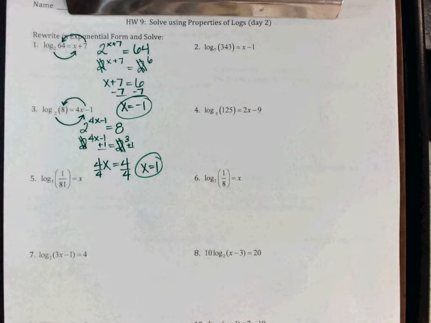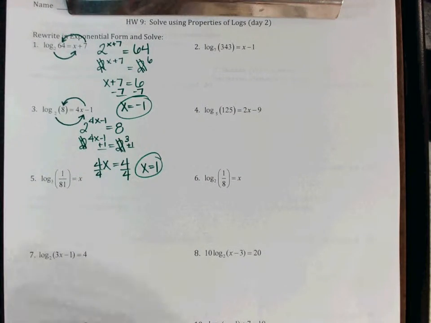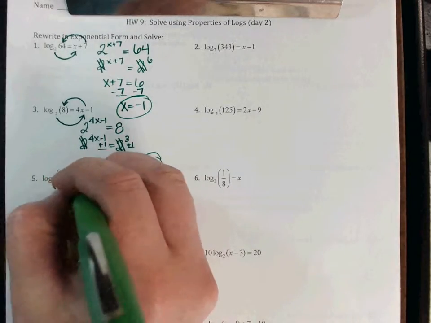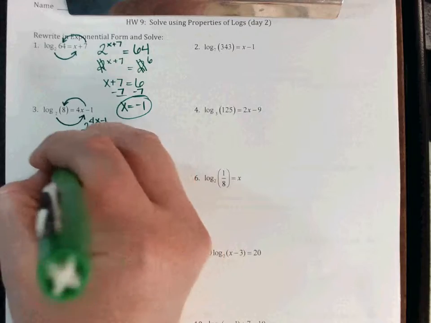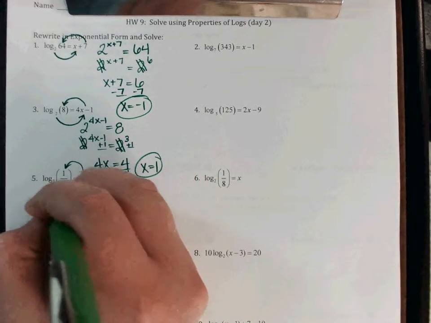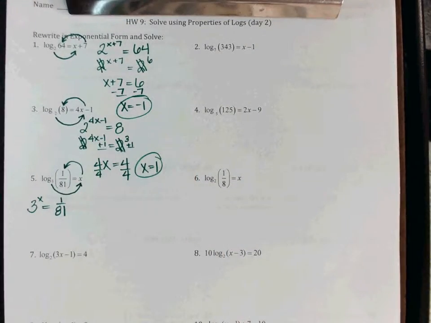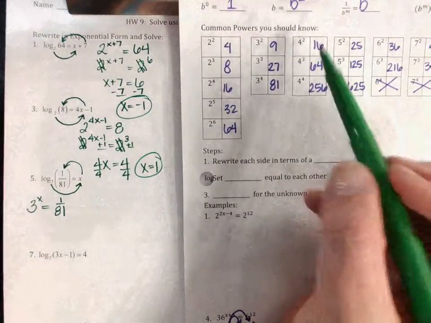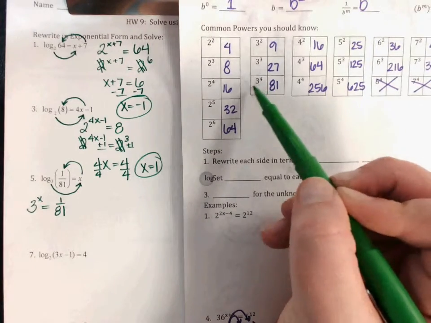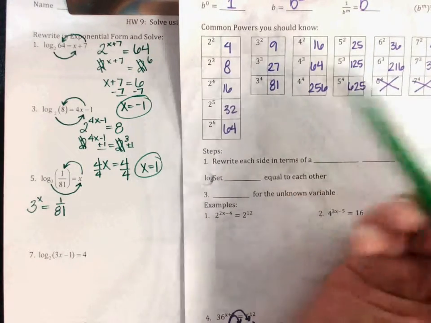Take a look at the next one. When I loop it with a fraction, I'll have 3 up to the x still, and then when I bring it back around, if it's a 1 over 81, remember the only difference is you'll turn the exponent negative. So here's my chart. 81 is here, 3 to the 4, but I'll turn it to 3 to the minus 4.